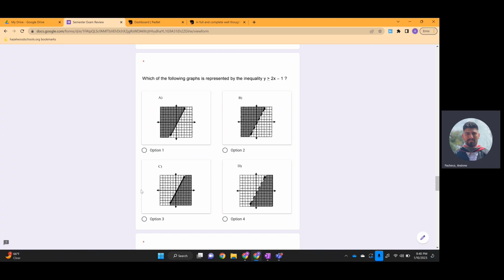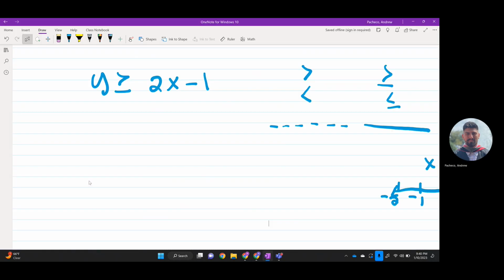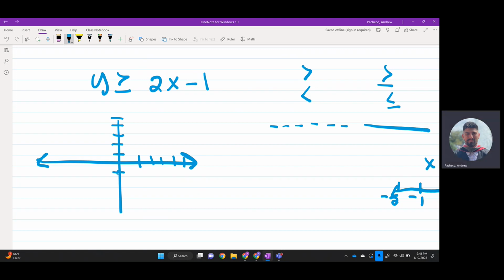So we're starting at negative 1. Our slope is 2 over 1. So this is what our graph looks like. It's solid.